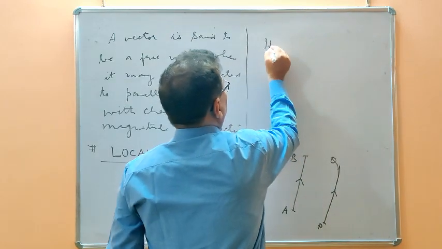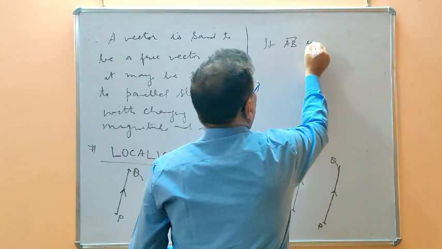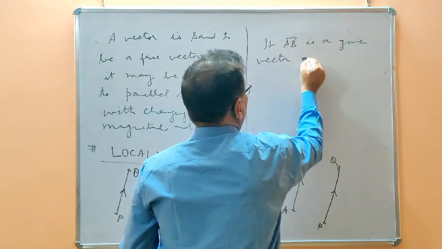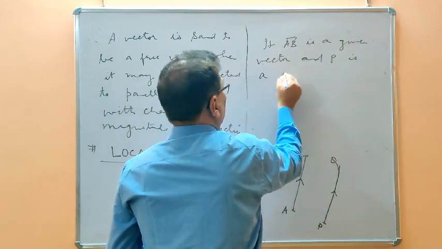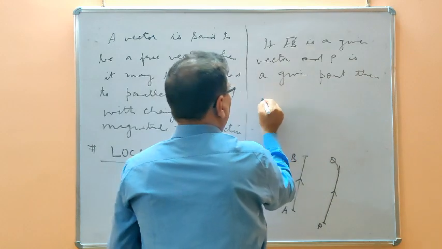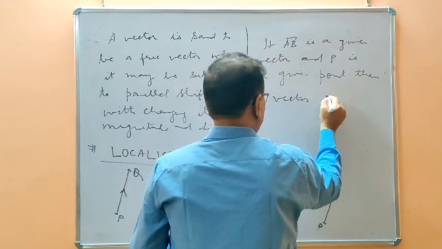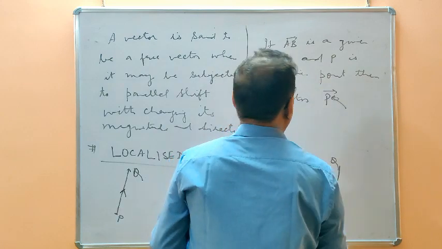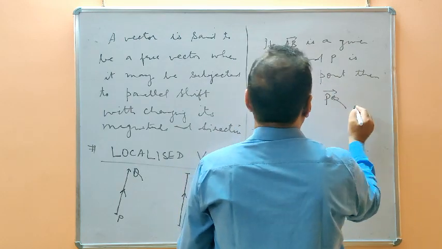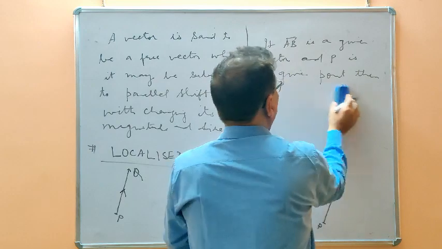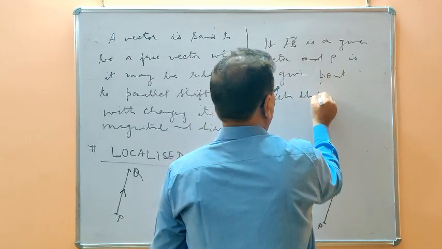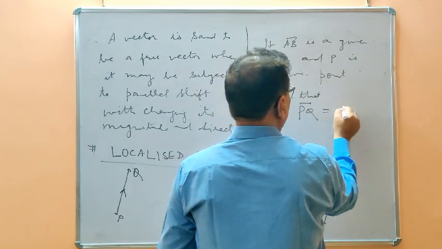So if AB is a given vector and P is a given point, then a vector PQ such that PQ is equal to AB.